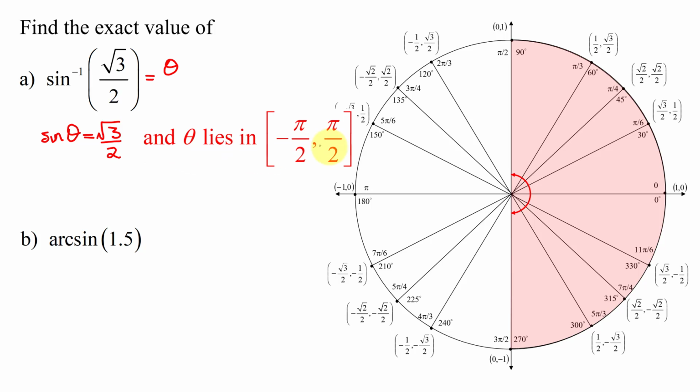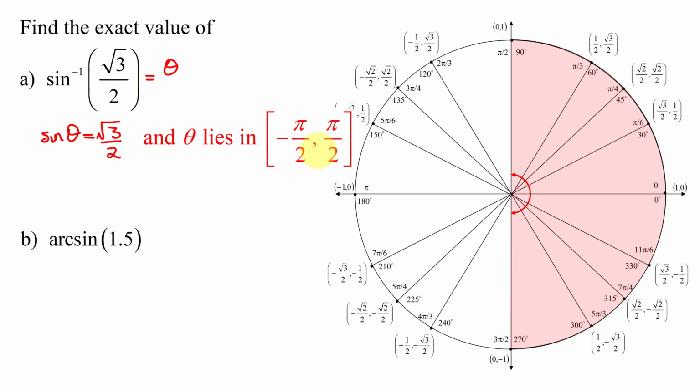The reason we need to put this in there is because how many solutions are there to the sine of theta equals the square root of 3 over 2? There's an infinite number of solutions to this equation, but there's only one solution to this problem because my solution has to lie in this interval.